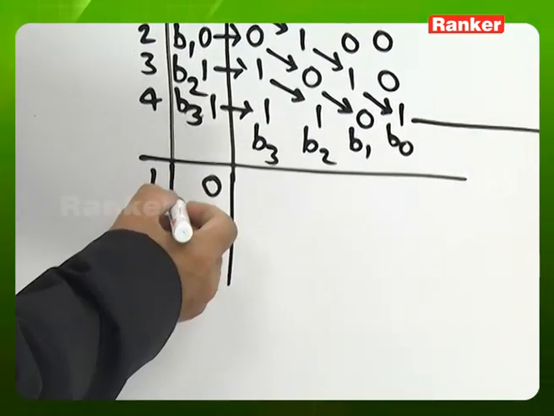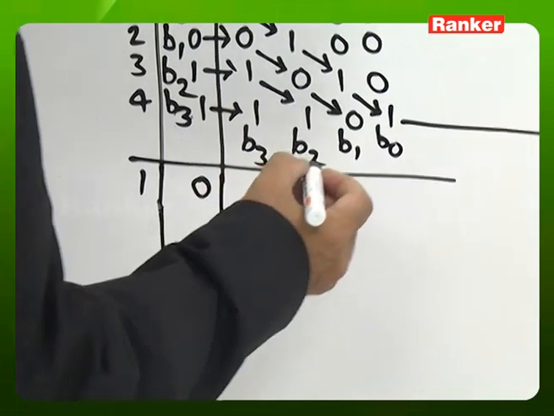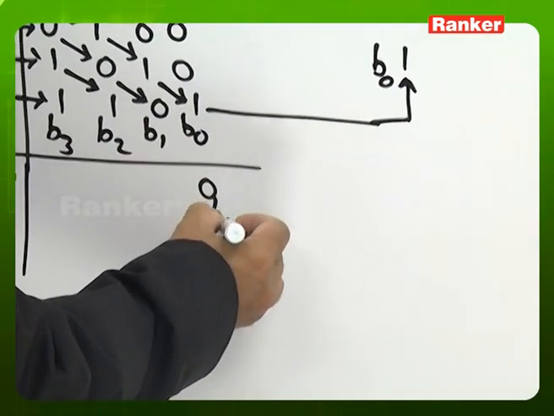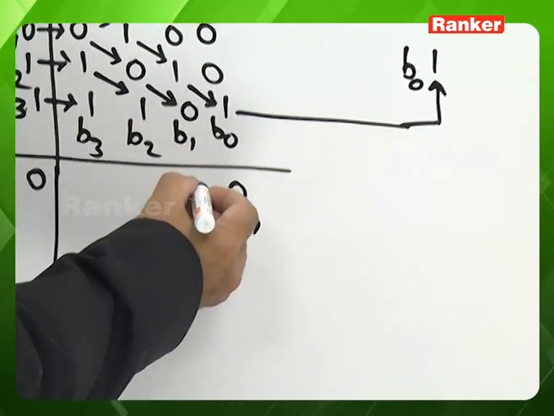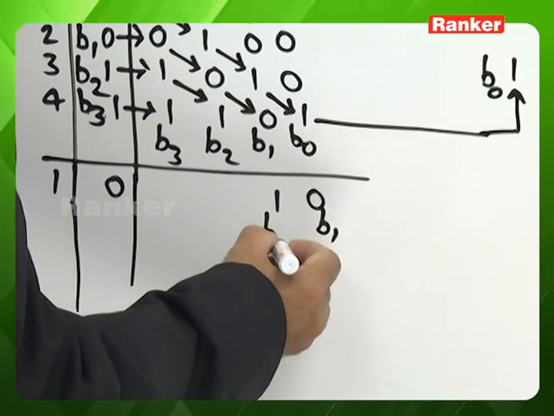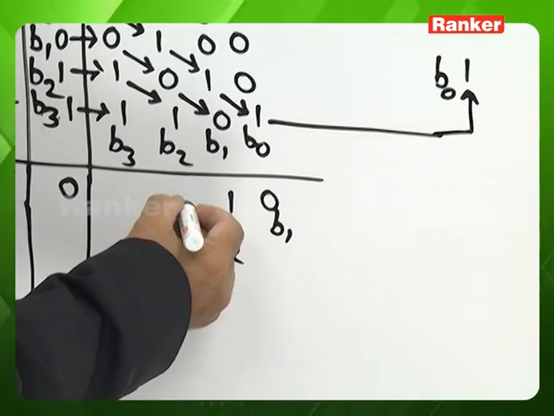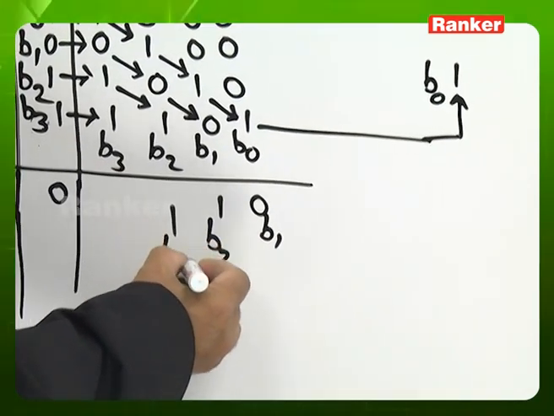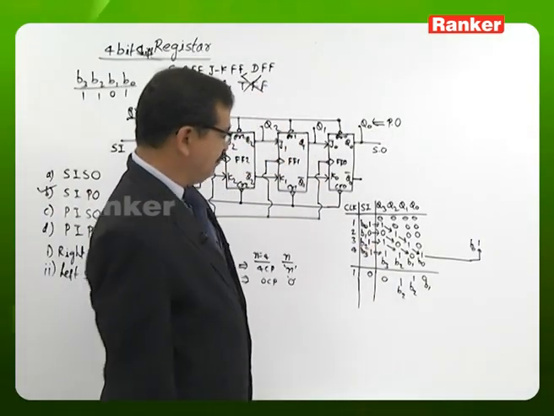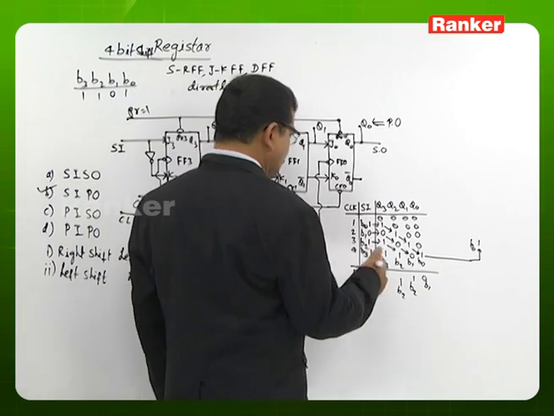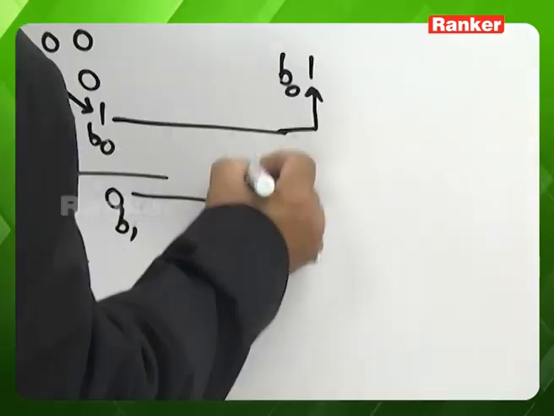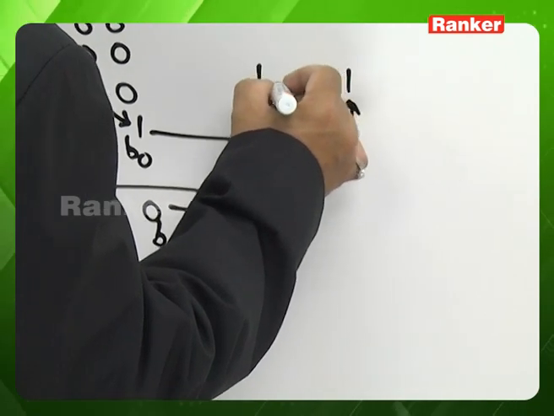When we apply the clock signal, bit B1 is transferred to flip-flop 0, B2 comes to flip-flop 1, B3 comes to flip-flop 2, and of course 0 is present in flip-flop 3.